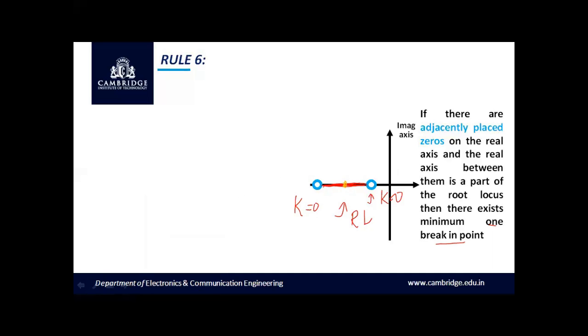In this case, this is not going to be a breakaway point. This will be called a break-in point. And we can see the movement of the branches: they are trying to move from the complex plane and enter the real axis. Hence you can see that a break-in point exists in this region.